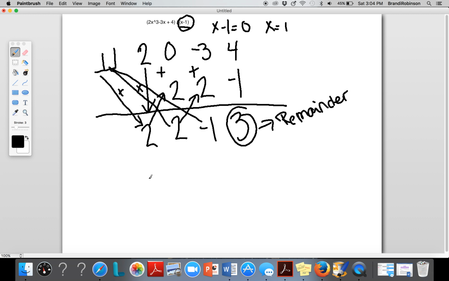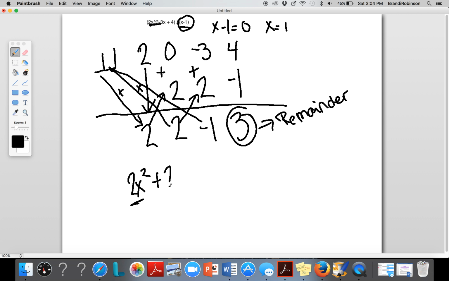Now to write our new polynomial that we obtained through division, so synthetic division is replacing long division, I'm going to have 2x squared. Notice that x squared is 1 less than what I have in that parentheses. That's because I'm dividing by an x.